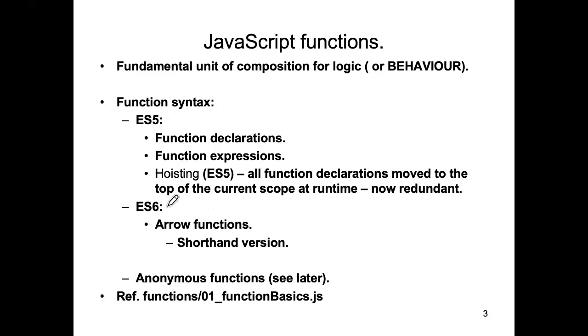When ES6 came along, they introduced arrow functions, which is a cleaner syntax and an alternative to these two up here. But you'll still see these two being used a lot, and you'll see me and Roseanne using them a lot, as well as arrow functions, which we also use a lot in our code.